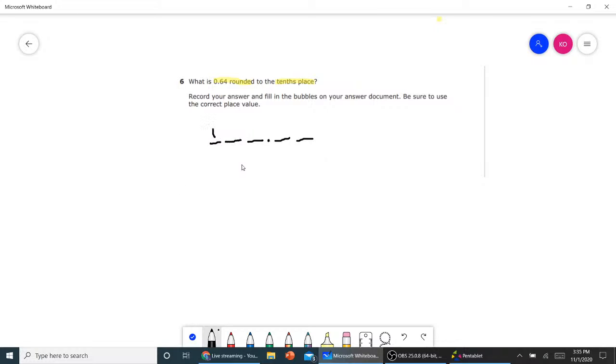So over here, this is the hundreds place. Over here is the tens. Over here is the ones, or as more commonly referred to, the units.